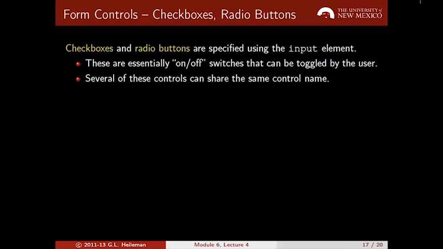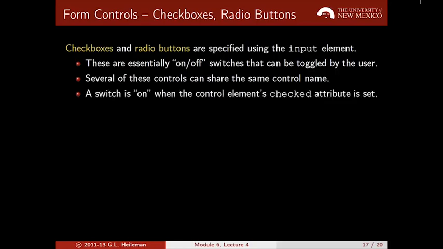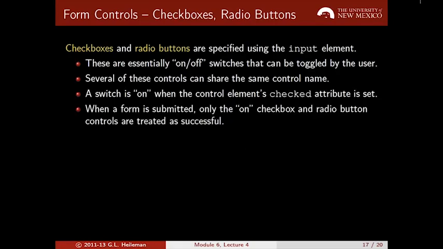First of all, though, these controls share the same control name. So you might have somebody check a box for the year they are in college, for example. And so they would all fall within one name, which might be, for example, year in college. One of these, either radio button or checkbox, is considered on when its checked attribute is set.